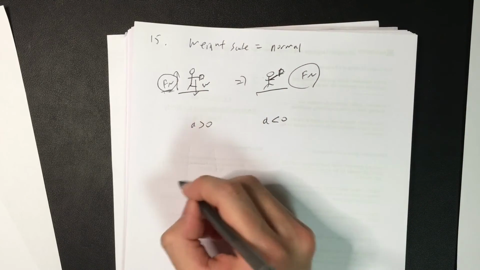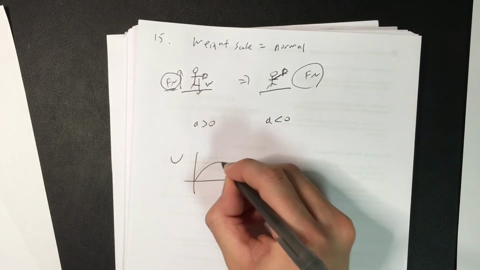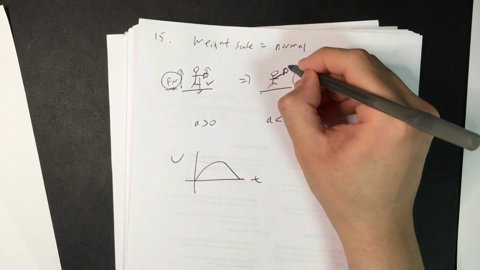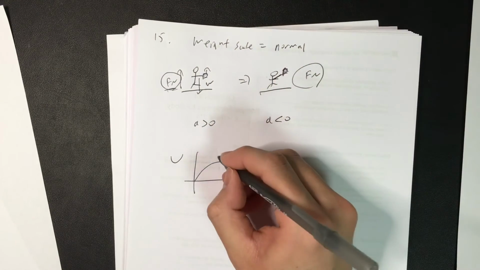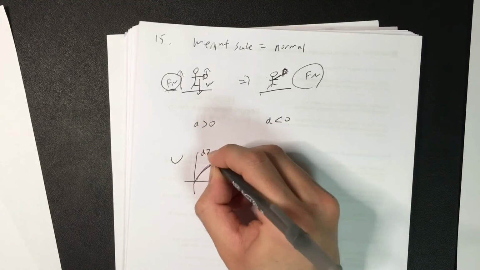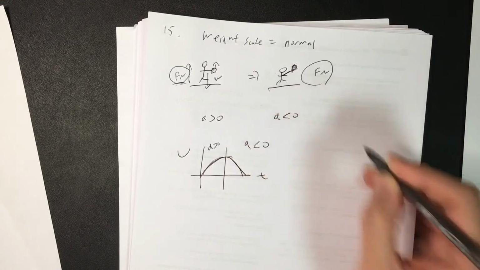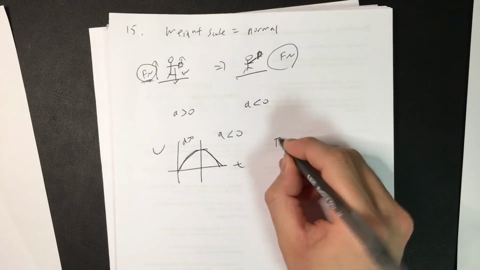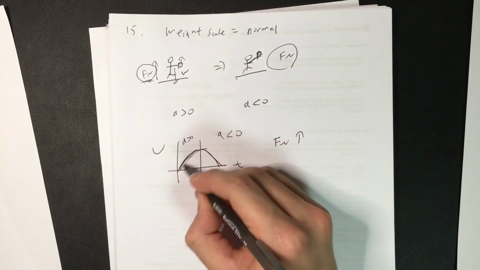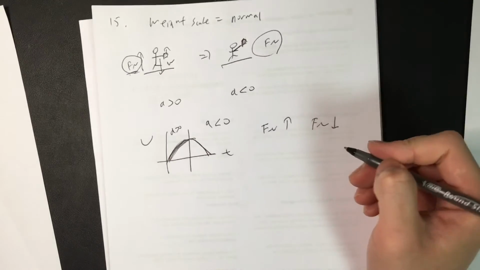What I mean by that is that if I graph velocity versus time, it should look something like this, since the book should go upward and then come back to rest. So from here, velocity is increasing, therefore acceleration is positive, and here velocity is decreasing, therefore acceleration is negative, which means the normal force increases on the first half of the motion, and then the normal force decreases on the second half of motion.